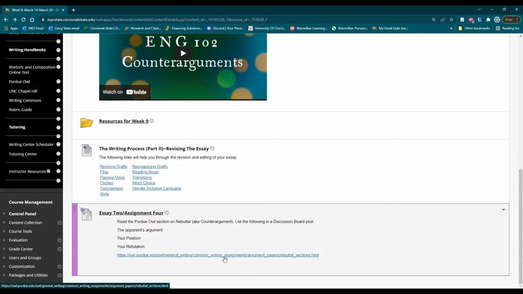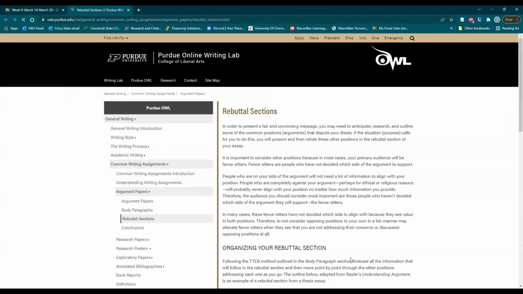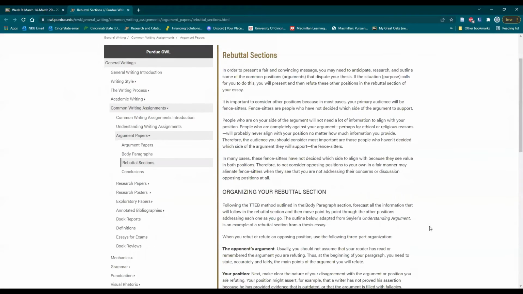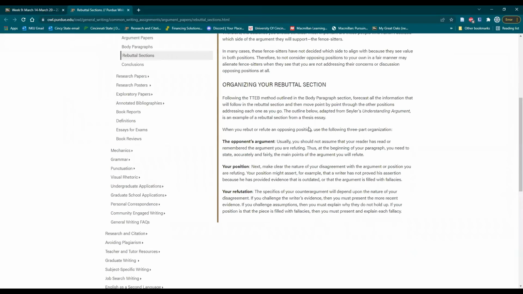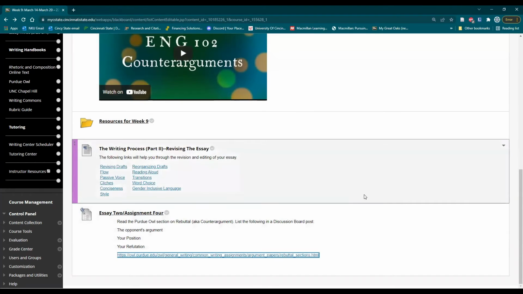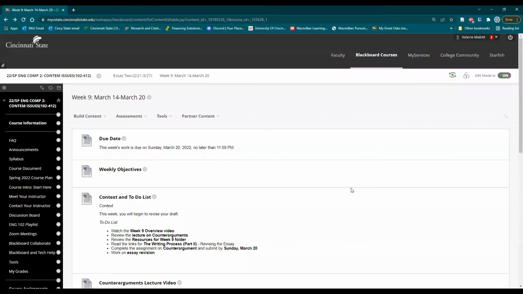And then there's a handy link here at the bottom on rebuttal sections, which talks about those things, and that's from the Purdue OWL. So organizing your rebuttal section, you have your opponent's argument, your position, and your refutation. So you can read more about that. And that will be due on Sunday, March 20th.